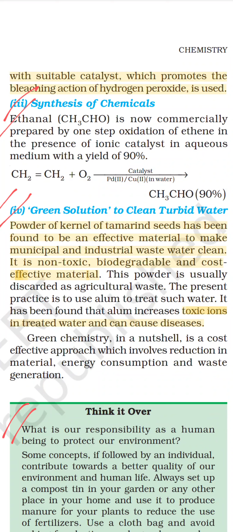This powder is usually discarded as agricultural waste. The present practice is to use alum to treat such water. It has been found that alum increases toxic ions in treated water and can cause diseases.